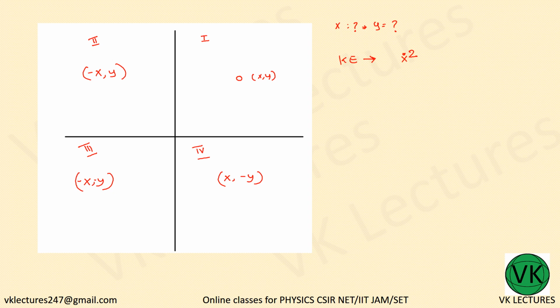But when you are considering the potential energy, for example mgy, you need to know the exact value of y. So the values of x and y differ as the origin changes.